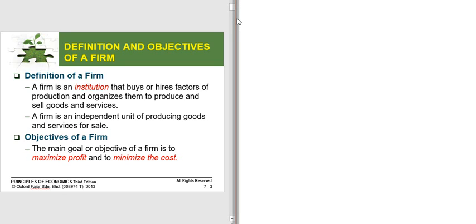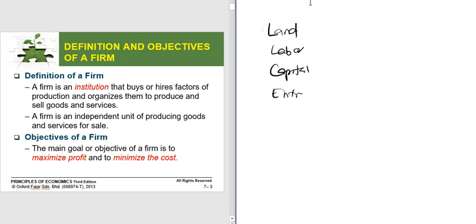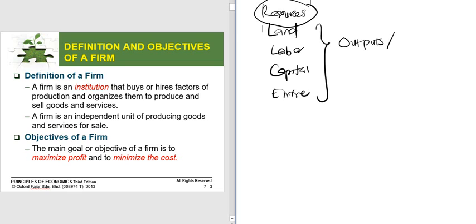You still remember we have 4 factors of production in an economy: land, labor, capital, and entrepreneur. Firms use all these factors of production, or resources, in order to obtain outputs, the final product.